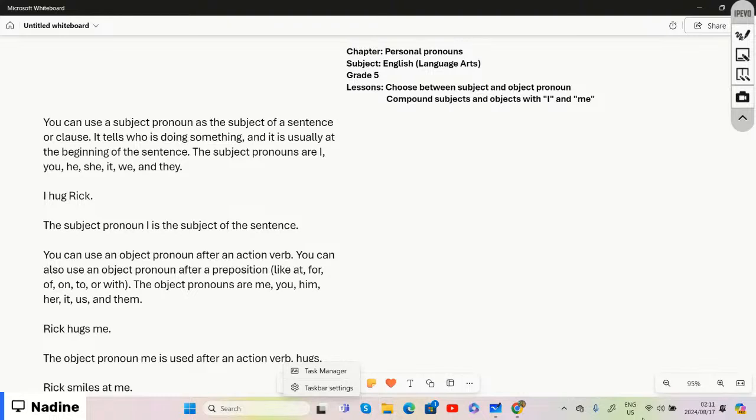All right, so that is a subject pronoun. In the example, I hug Rick, the subject is I, right? It's something that I did. And then we can use an object pronoun.